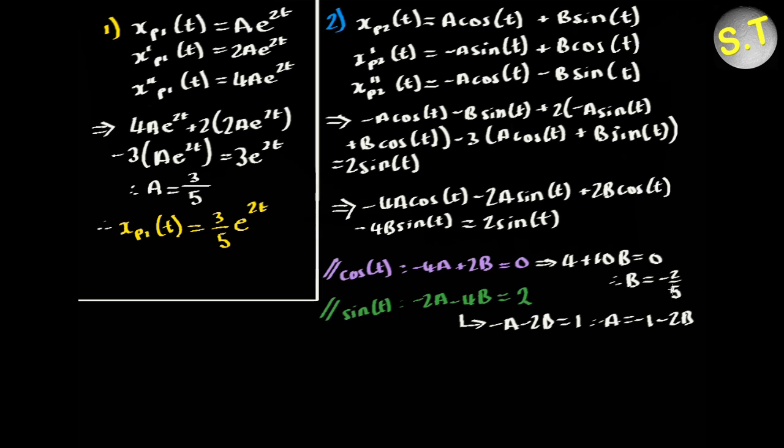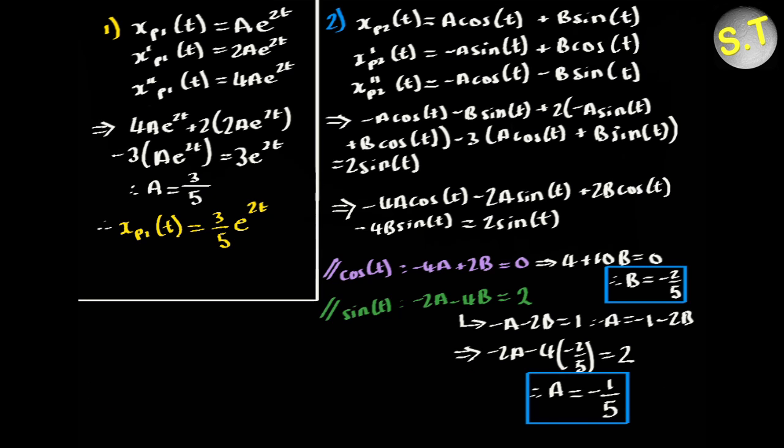And then we can plug our b value into this equation to find our a value. So we have minus 2a minus 4 times minus 2/5 is equal to 2. Therefore a must be equal to minus 1/5.